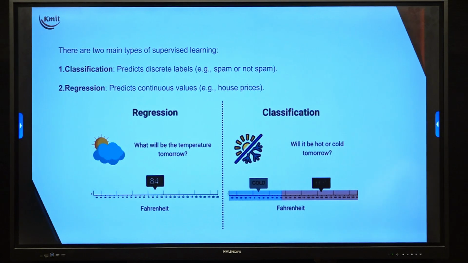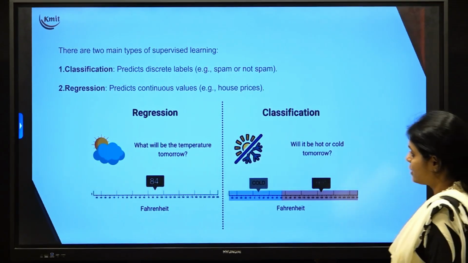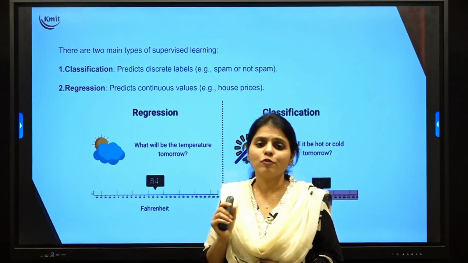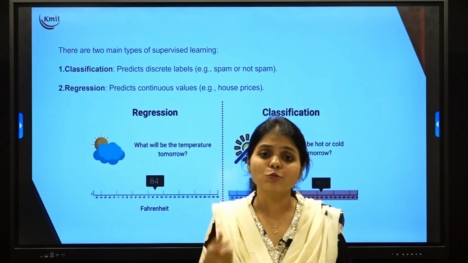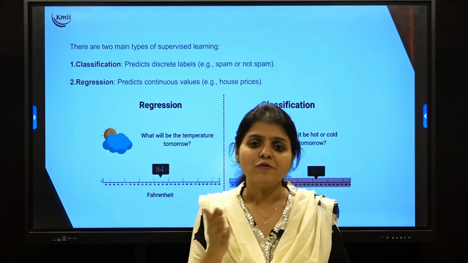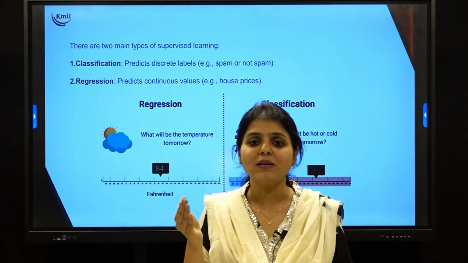As discussed, when I talk about supervised learning algorithms, we have two types: one is classification and the second one is regression. We often deal with regression when the output prediction is about continuous values, and we use classification when the output variable has discrete values.